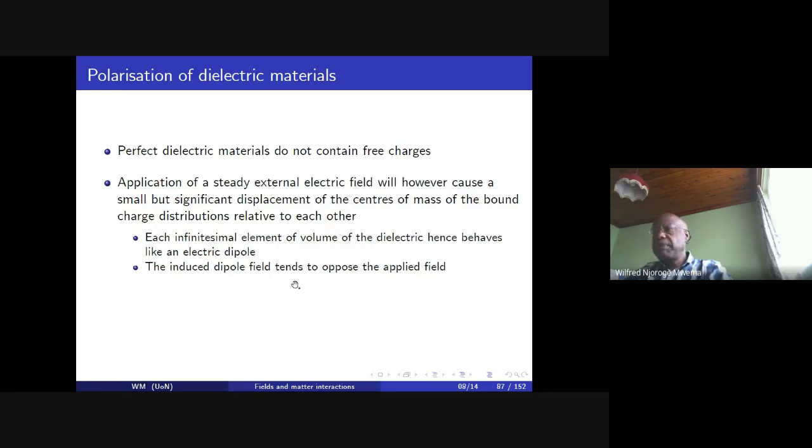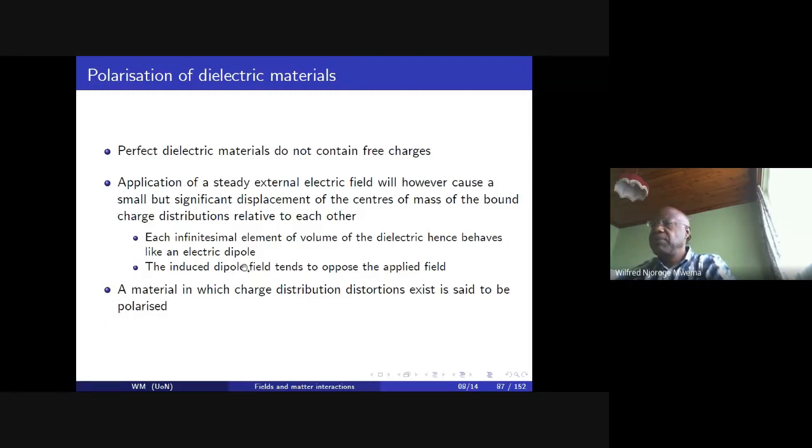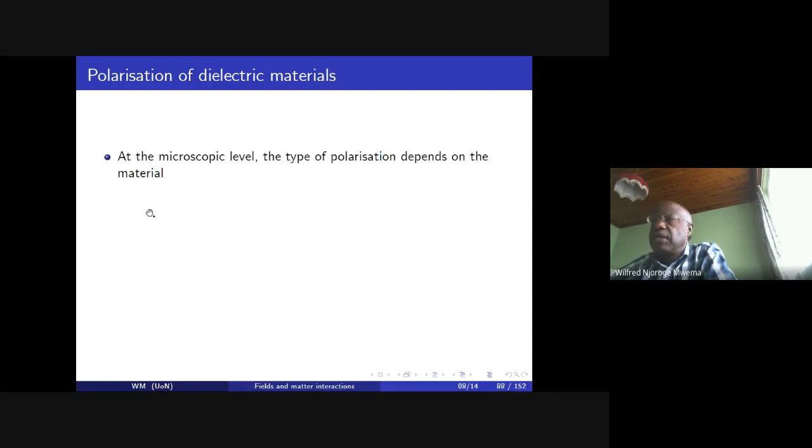So each infinitesimal element of volume of the dielectric will therefore behave like an electric dipole. The induced dipole field will tend to oppose the field that we are applying on the dielectric. A material in which the charge distribution distortions exist is therefore said to be polarized. It's in a polarized condition.